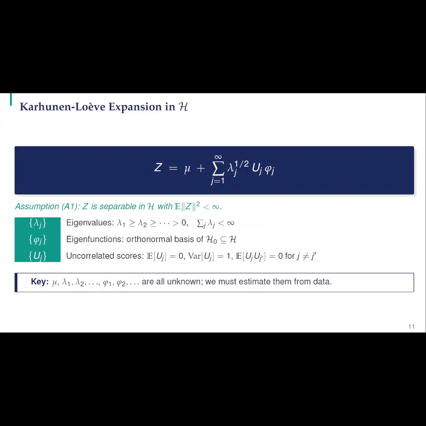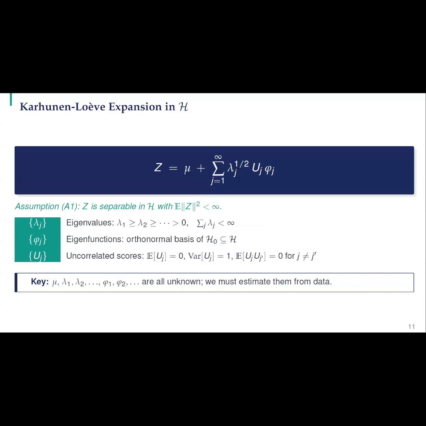If you have this, you can represent it in this nice way where you have an infinite series that starts from the largest eigenvalues and goes down. They're positive. And we assume that the sum of the lambda j's is finite. Sorry, that's a consequence of the assumptions. You'll automatically get that the sum of the lambda j's is finite.